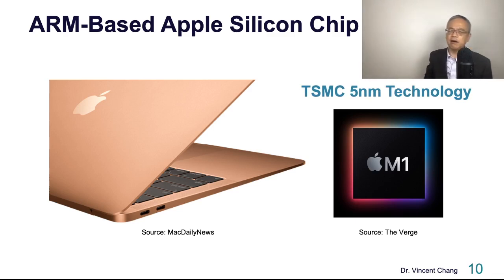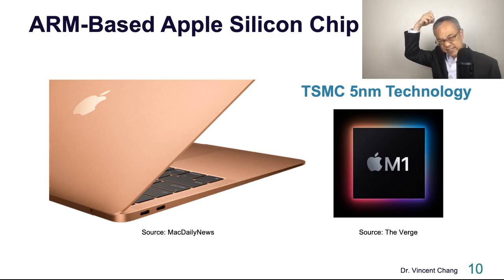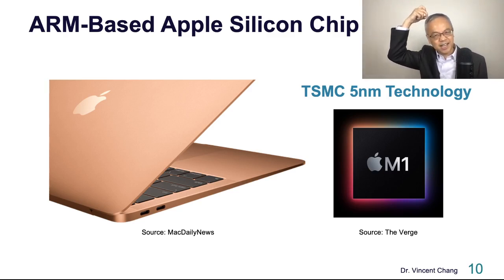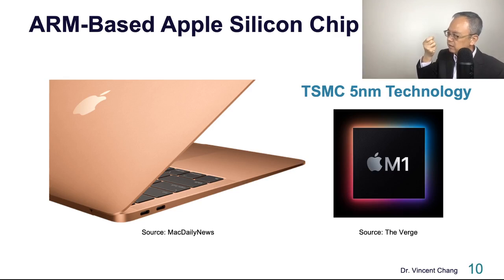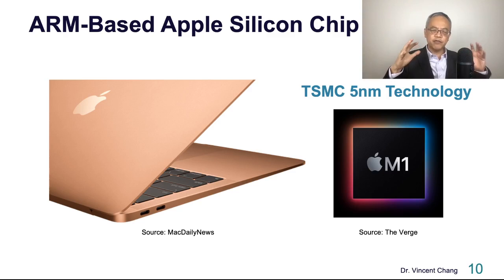But how small is the 7 nanometer, or how small is the 5 nanometer? It's hard to imagine, right? So look at my hair, this is my hair, right? See, this is my hair. If I do this, all right? So you see my hair? And you do the cross-section of the human hair. What's the nominal diameter of the human hair? It is around 80 microns.